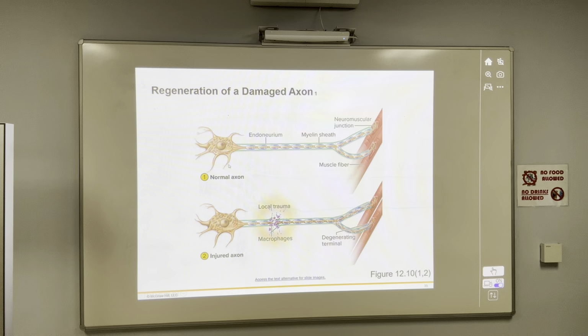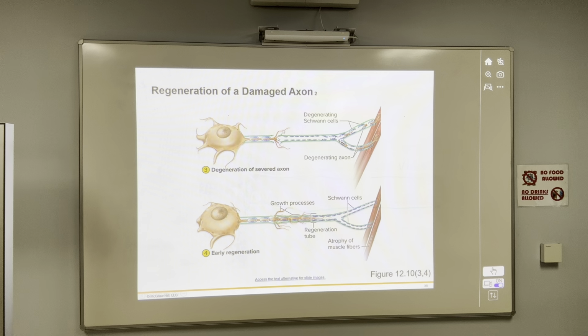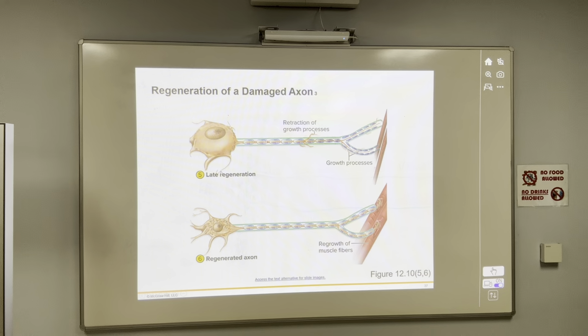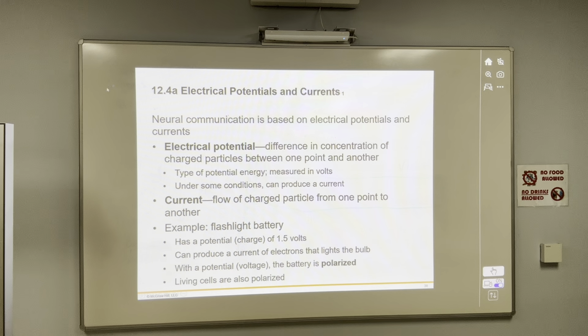This is the normal axon, and since there is damage here, macrophages come and remove the necrotic debris and damaged tissue. Then there's degeneration of the severed axon, then early regeneration and healing and making of the regeneration tube. Late regeneration is when there is a retraction of the growth processes and complete healing and regeneration of the axon.